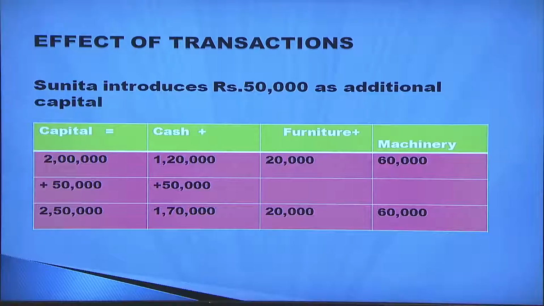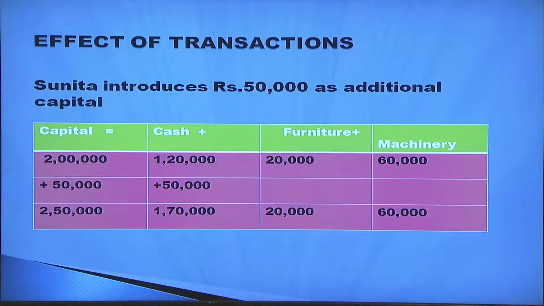Next transaction: Sunita introduces rupees 50,000 as additional capital. The earlier equation is 2 lakh equals 1,20,000 plus 20,000 plus 60,000, that is cash plus furniture plus machinery. And here when she introduces 50,000 as additional capital, cash is increasing.